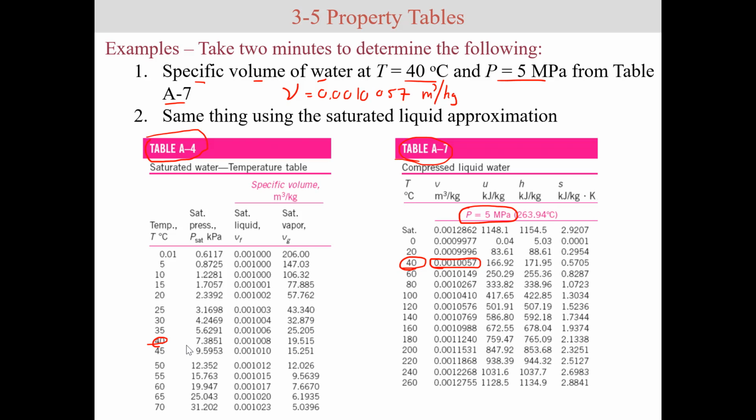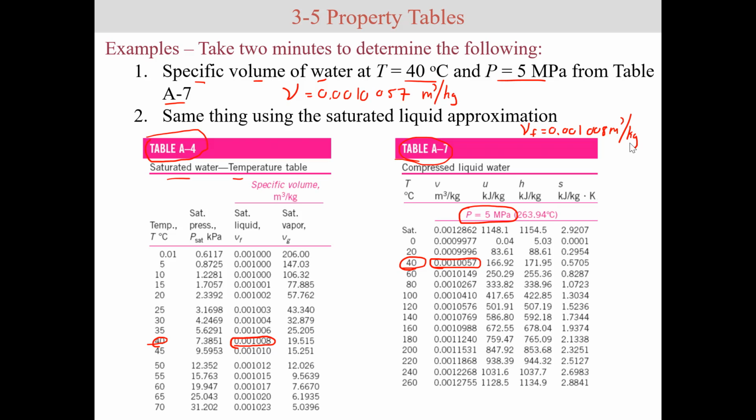Remember, we're assuming that the compressed liquid at 40 degrees and 5 megapascals has the same specific volume as a saturated liquid at 40 degrees. So we go to the saturation table, go down to 40 degrees, and we find that the specific volume is 0.001008 meters cubed per kilogram.